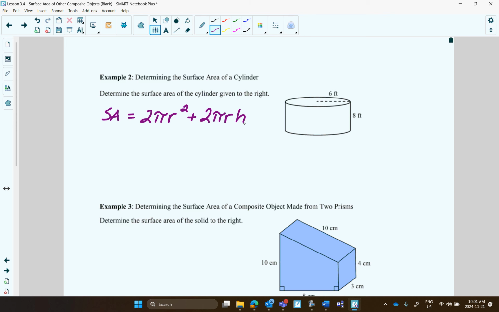What's r? 6. So 2 times pi times 6 squared plus 2 times pi times 6 times 8.